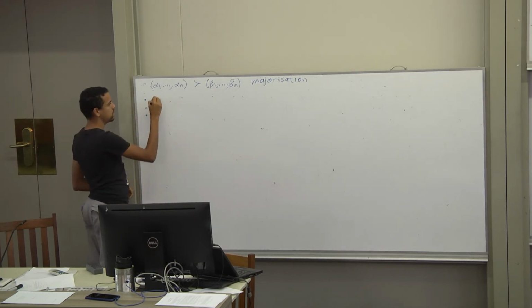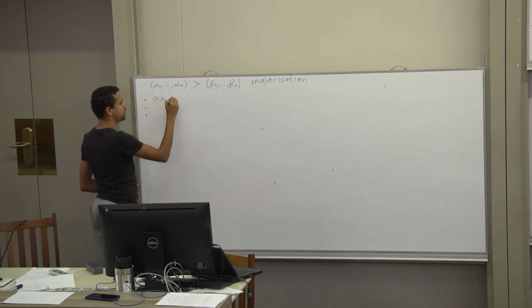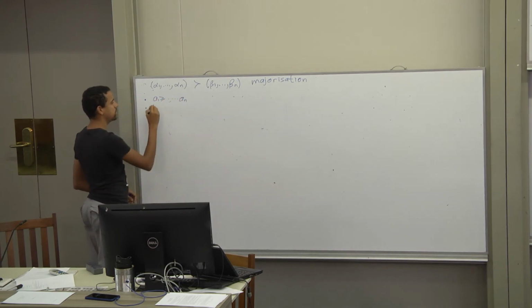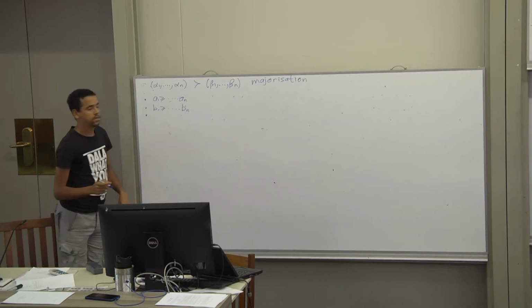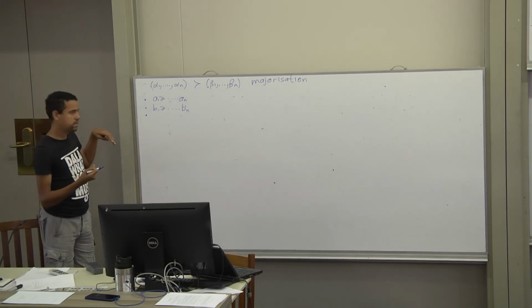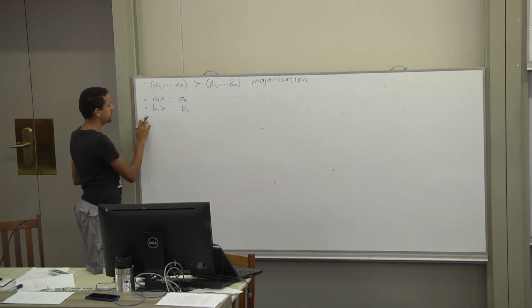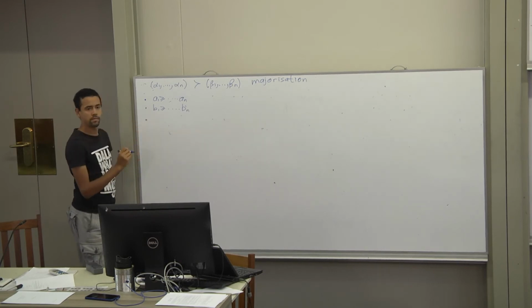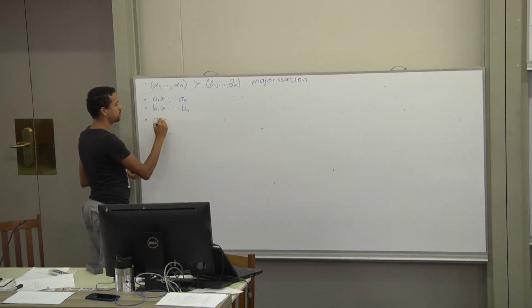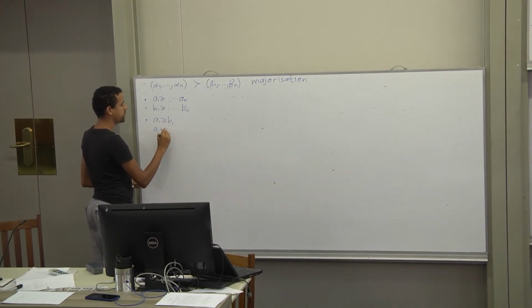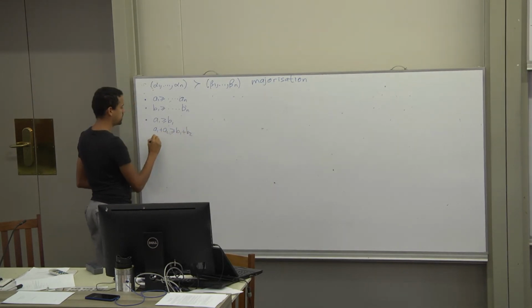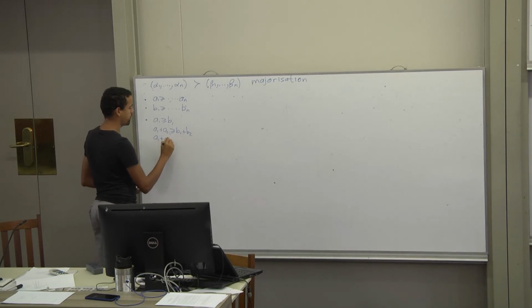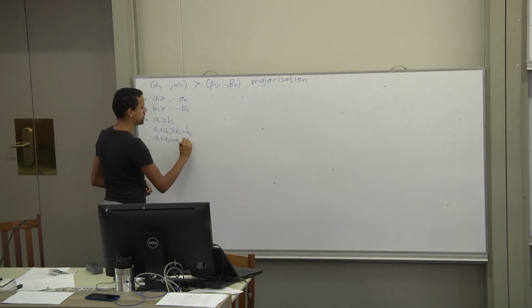First of all, the alphas are in decreasing order. Second of all, the betas are in decreasing order. And the final one, which is really what the majorization means, is actually a group of several conditions. Alpha 1 is greater than or equal to beta 1. And if you sum the first two of alpha, that's greater than or equal to the same for beta. If you sum the first three, that's greater than or equal to the same for beta.